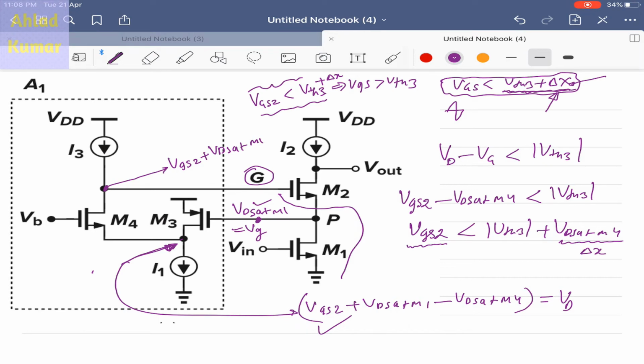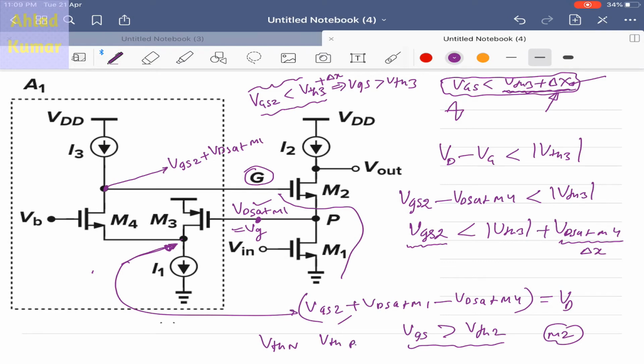Earlier we were saying that VGS2 has to be greater than VTH2 for M2 to operate out of the cutoff region. What we have normally seen is that the threshold voltage of an NMOS device is slightly less than the threshold voltage of a PMOS device.